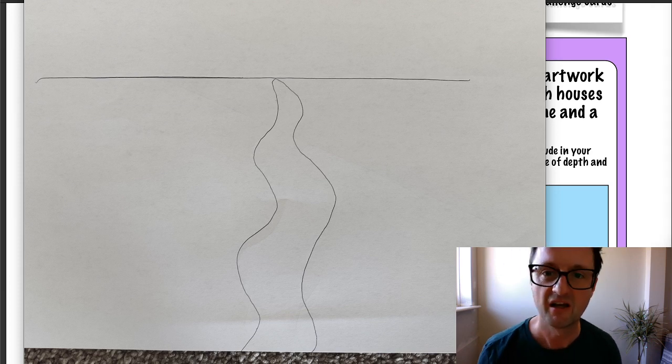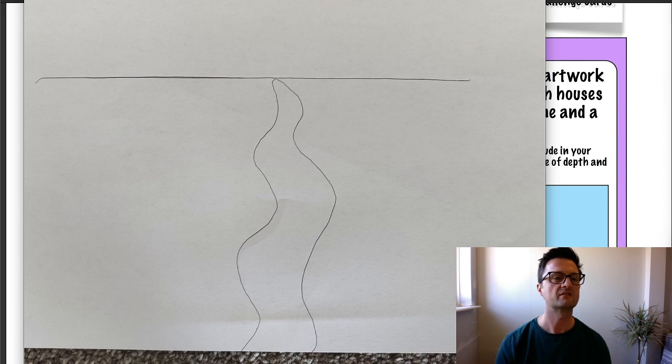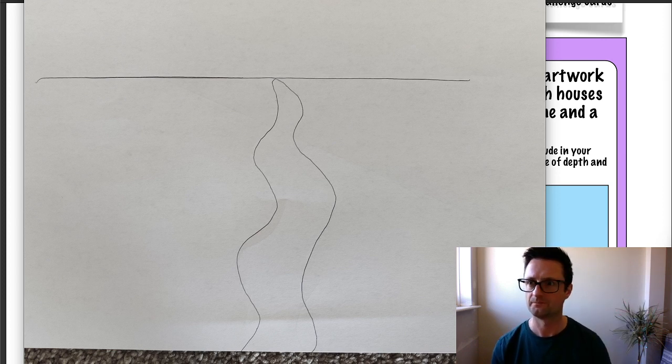Look at that, there we go. And that's a winding river disappearing off into the distance. I wonder what you could add to the banks of that river to create an even better sense of perspective and the illusion of that river disappearing off into the distance.